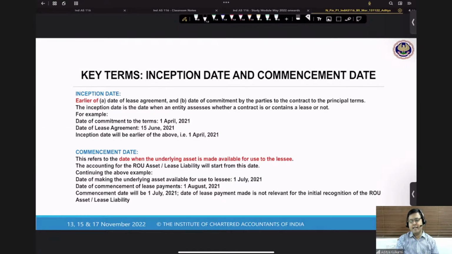If you look at Ind AS, at every point of time, Ind AS is doing two things which are quite different compared to what we have been trained since the very beginning. First one is we have been trained about consistency. Ind AS says consistency is not so important as is faithful representation.